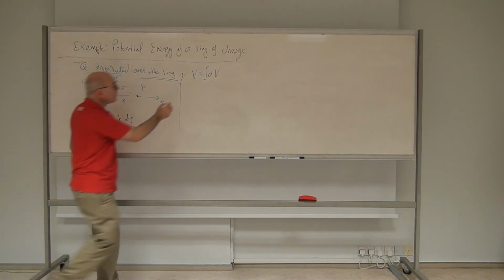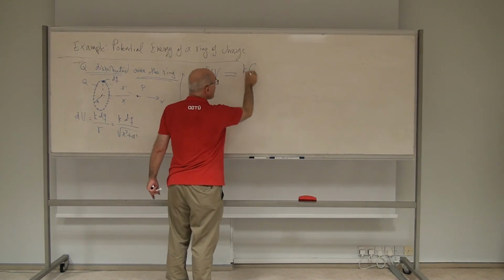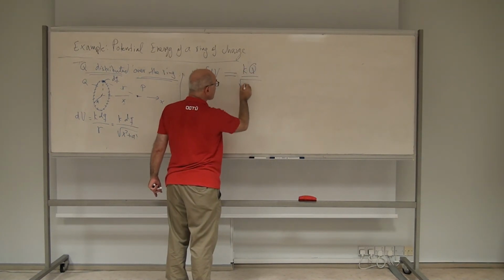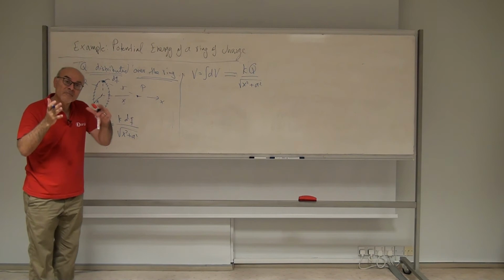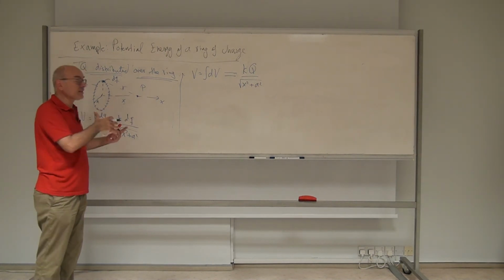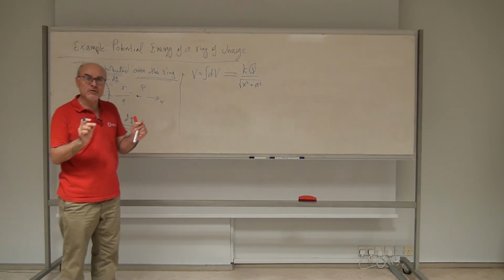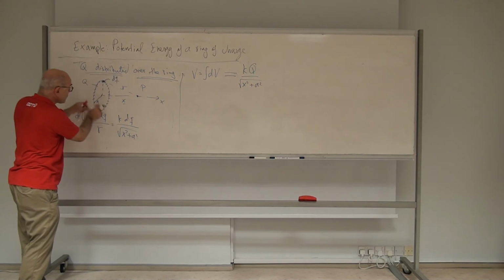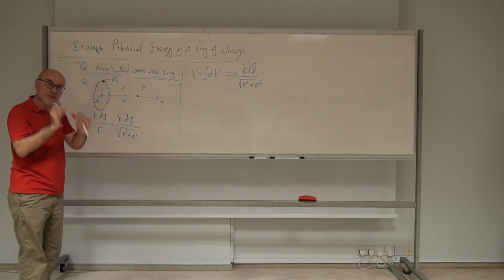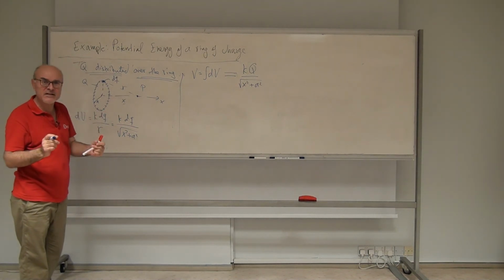And therefore, I would expect that this immediately should be equal to k q total divided by the square root of x squared plus a squared. And this should be my result by just applying the ring symmetry that I have just developed for individual point charges, but carrying it over to this situation when the charge is continuously distributed, and noting that when I split this into dq's, each dq can be treated as a point charge.